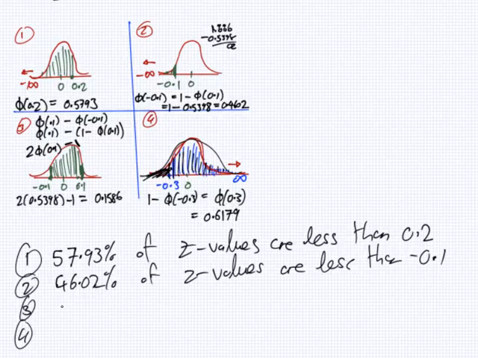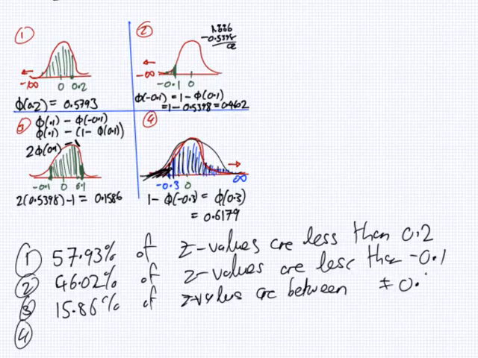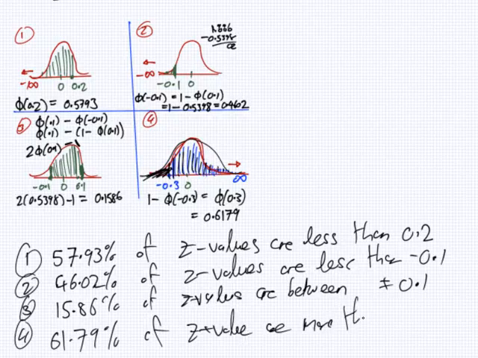Result 3 means that 15.86% of Z values are between plus and minus 0.1. And the last one says that 61.79% of Z values are more than minus 0.3.